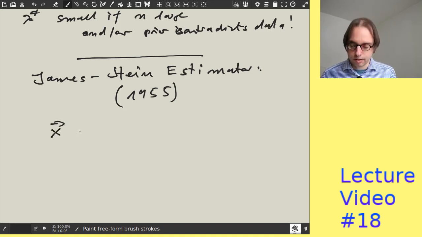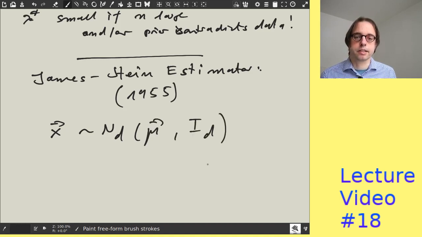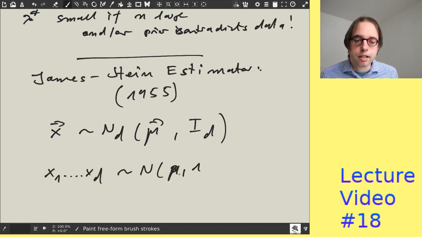x is drawn from a multivariate normal with some mean mu and the identity matrix. So we have basically d samples, x1 to xd from a normal with mean mu_i and variance 1.